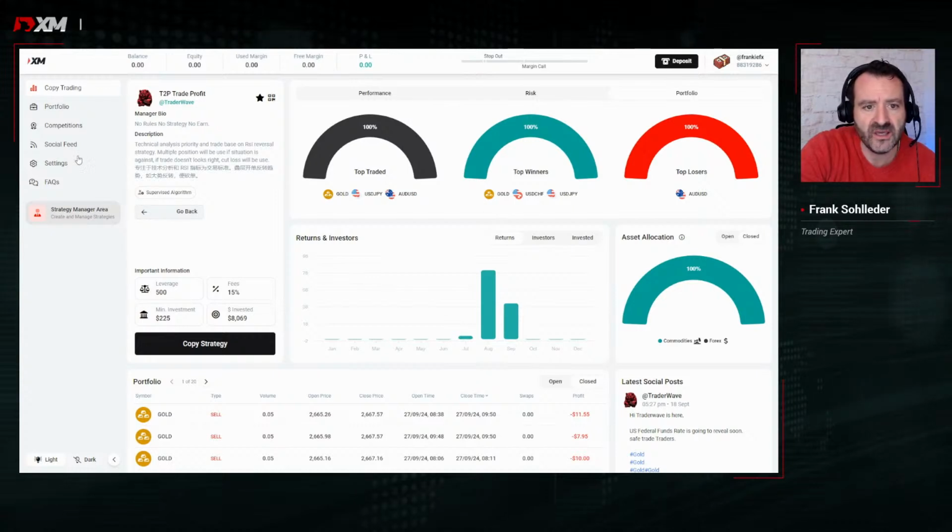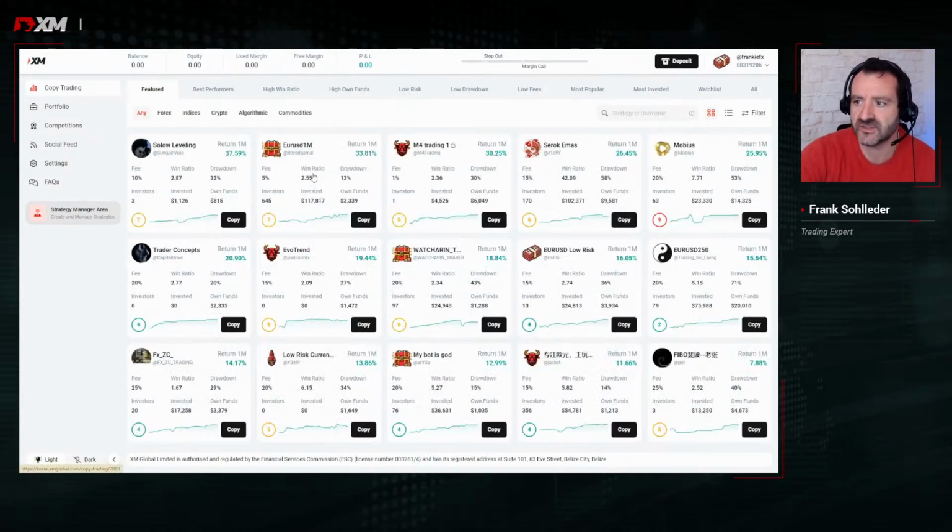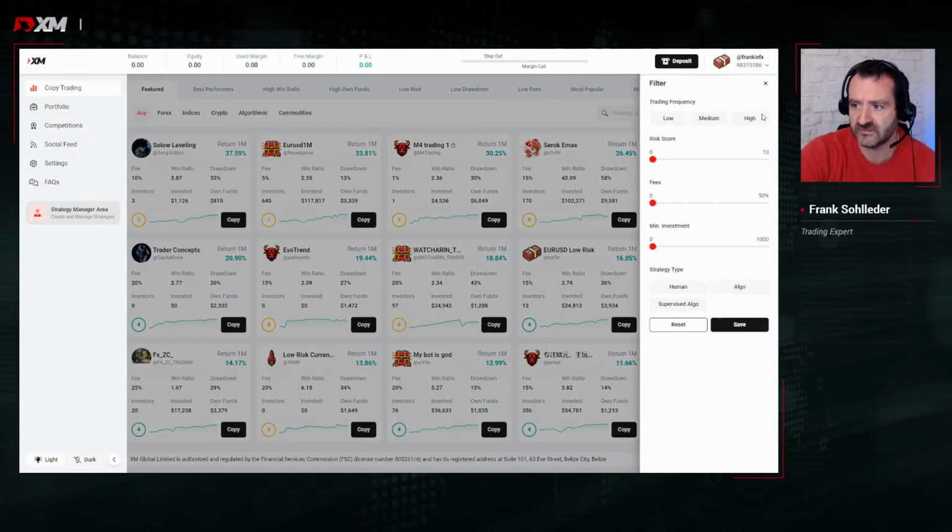Let's look into the strategies itself. Let's still find a little bit of strategies, maybe find something interesting, so we can filter here, right? The fees, I would like to have not more than 15%. The minimum investment should not go over, let me say, 250.